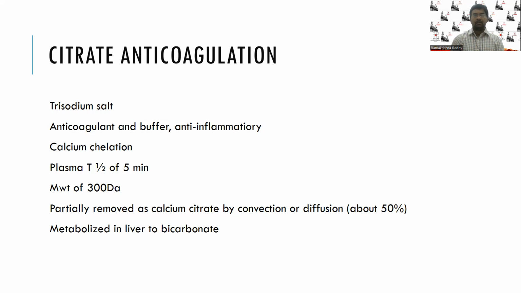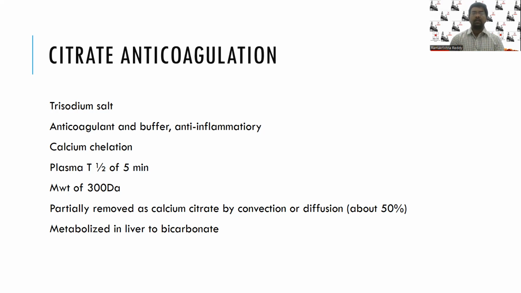Citrate has a plasma half-life of 5 minutes, and its molecular weight is low, that is 300 Daltons. Because of this, it can be partially removed as calcium citrate by convection or diffusion during renal replacement. So approximately 50% of the citrate calcium complex can be lost during renal replacement therapy.